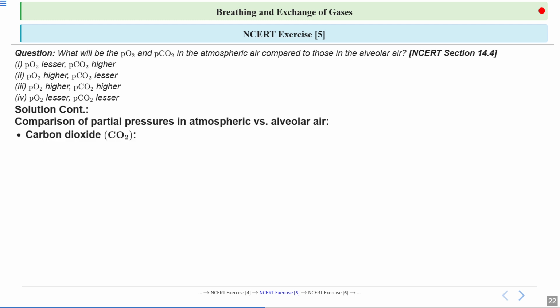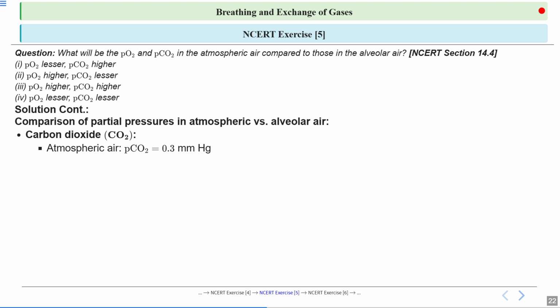Now we will talk about carbon dioxide. In atmospheric air, what is the partial pressure?